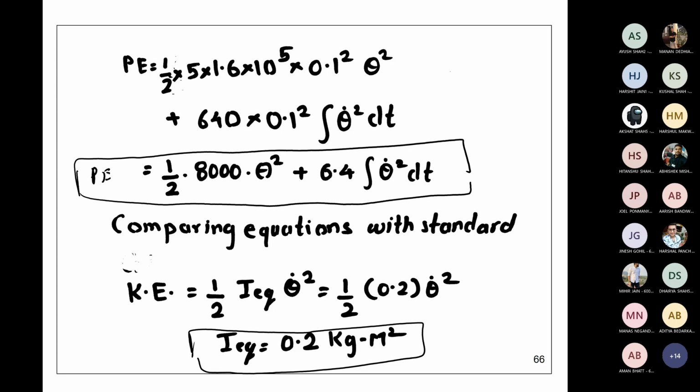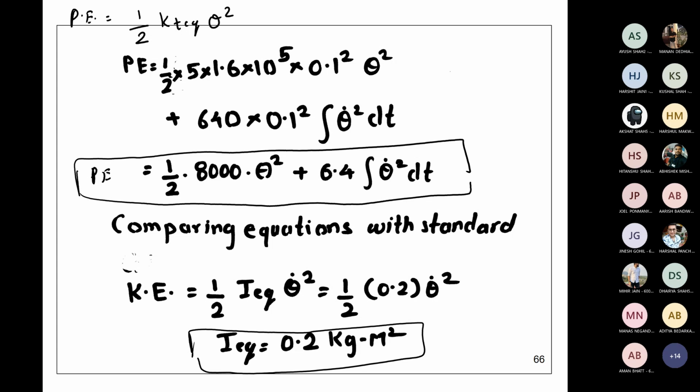Yes, sir. Okay. So similarly, can you tell me what is the equation of potential energy? Potential energy is equal to, taking into account these two components, the spring component, that is half K torsional equivalent into theta square.